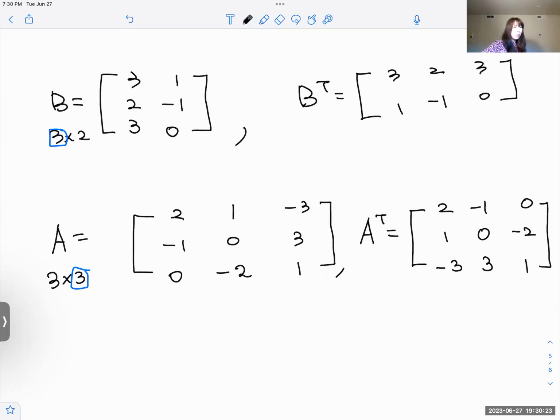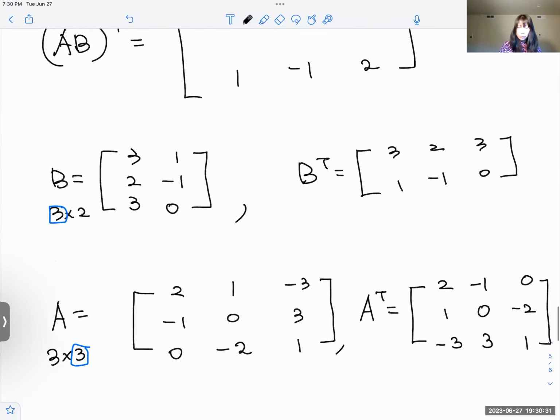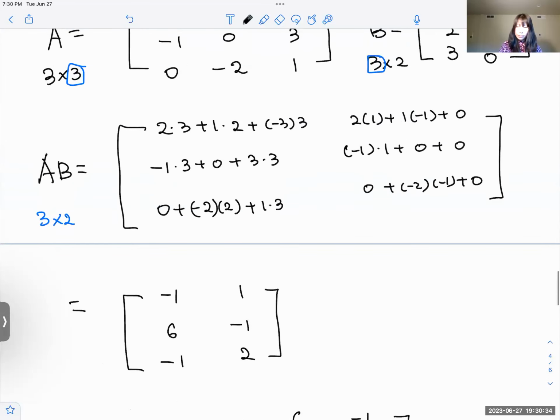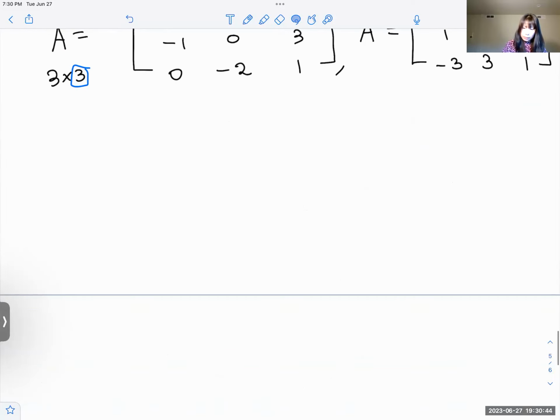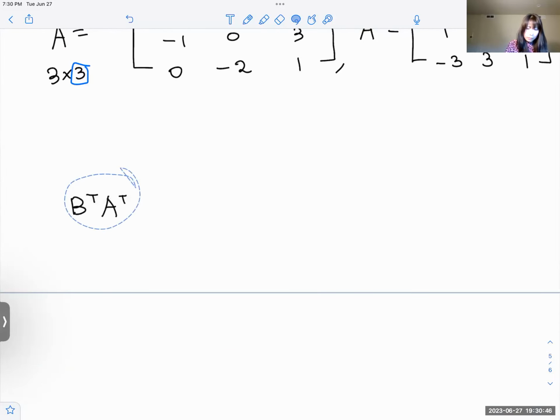All right, let us do this one. Transpose of B and transpose of A, the product of the two. So we are doing this one.